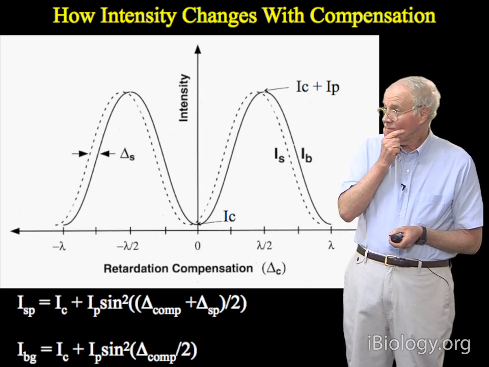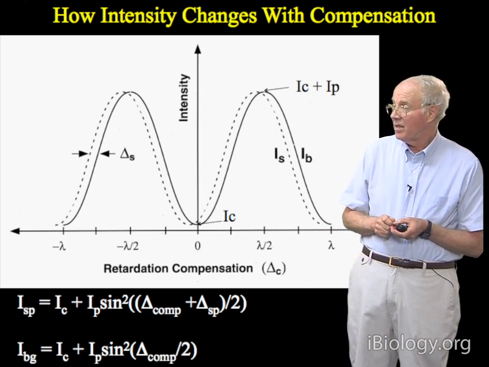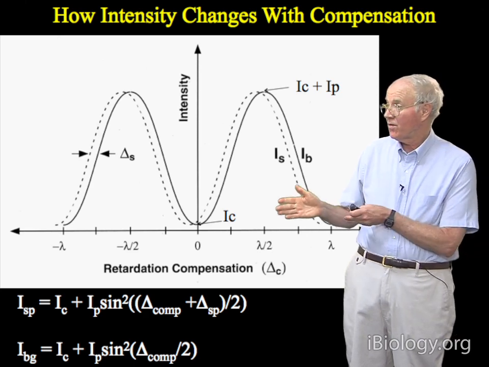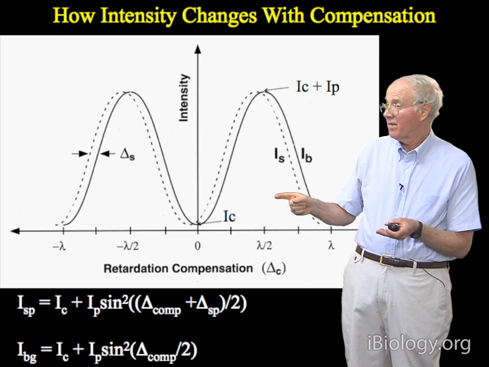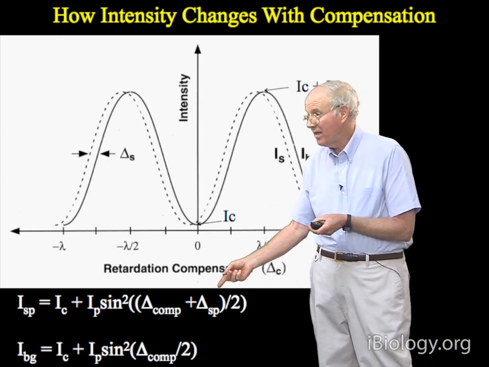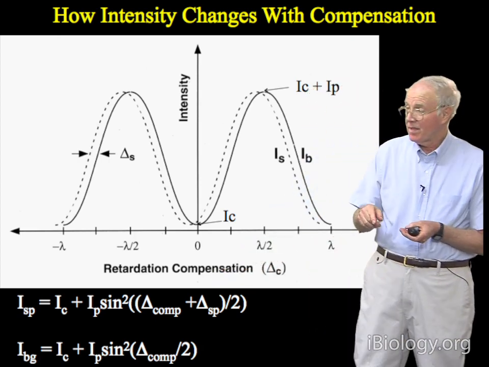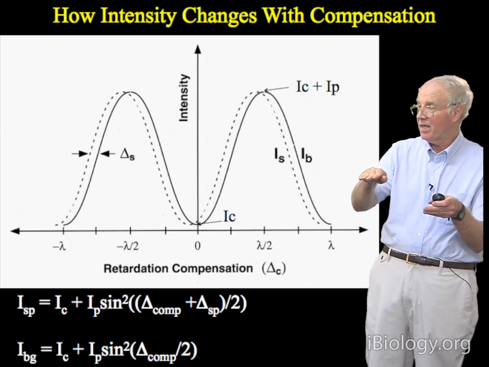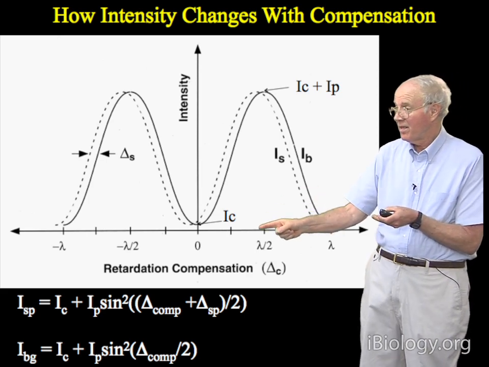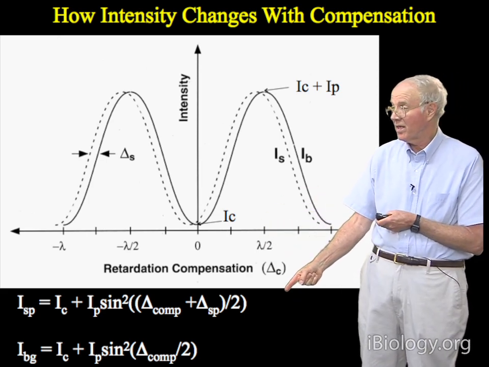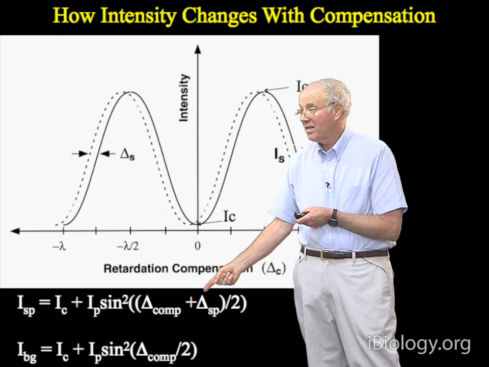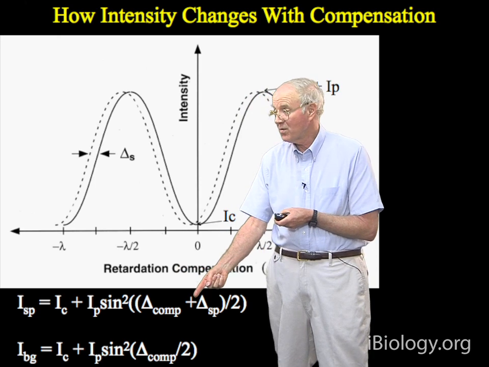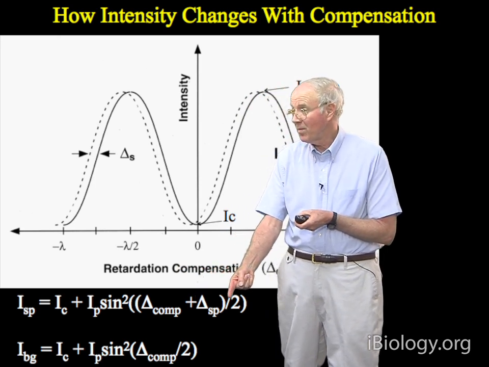Okay, now the addition of retardation between the two beams, either in the plus or the minus direction, the equations for it are down here. Because the prisms and the compensator have the crystallographic axes at 45 degrees to the analyzer or polarizer direction, the equation for the intensity through the analyzer is given by sine squared of the retardation of the compensator plus the retardation of the specimen edge, divided by 2.